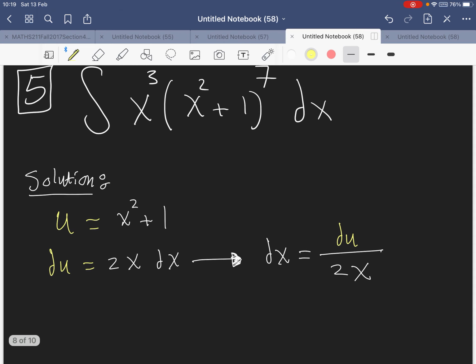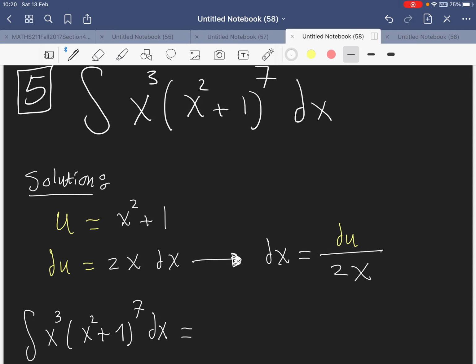Now you take this information and substitute it in the integral itself. x squared plus 1, that is u, so I have u to the power of 7. And instead of dx, I will write du over 2x.